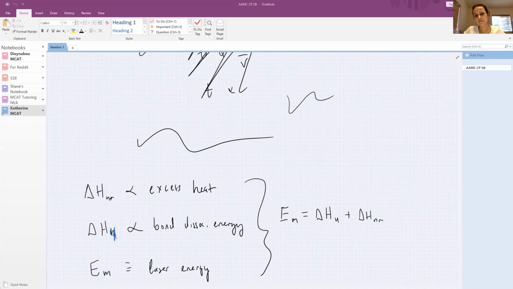And in the breaking of the bond, it releases heat energy, right? That heat energy goes to heat up the solvent in the sample, so that causes a local temperature increase. And all of that excess heat is measured through the microphone and oscilloscope.